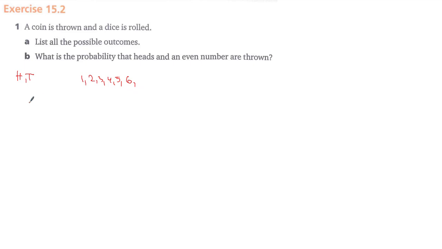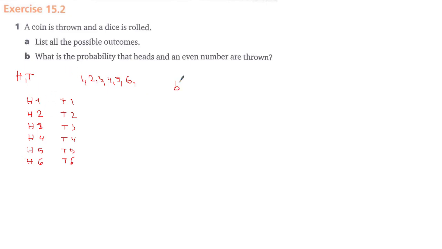Now, what are our outcomes? The coin may land on head and the die may show 1. So we may have H2, H3, H4, H5, H6. Then we may have T1, T2, T3, T4, T5, and T6. These are all the outcomes that can occur. There is nothing except these.